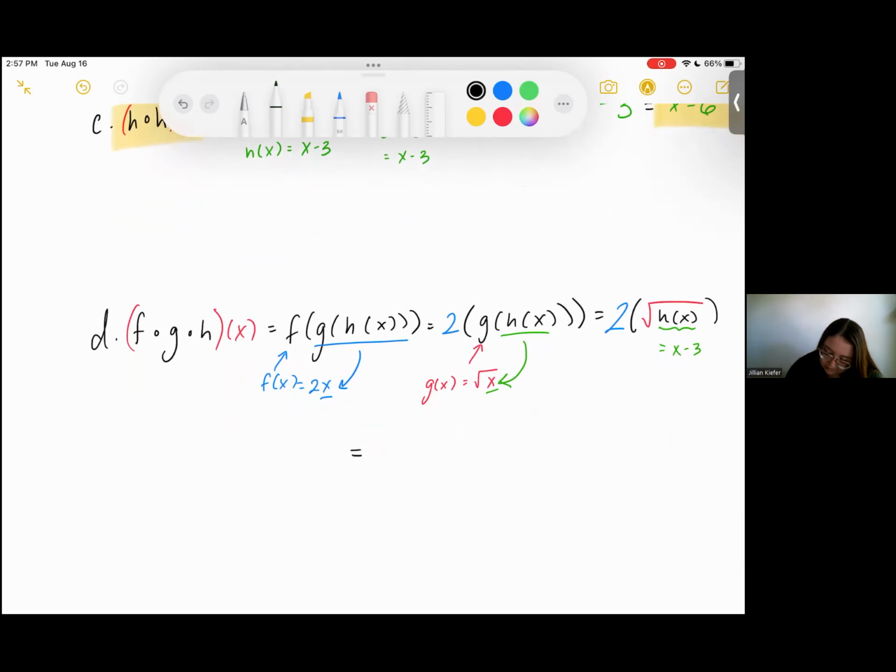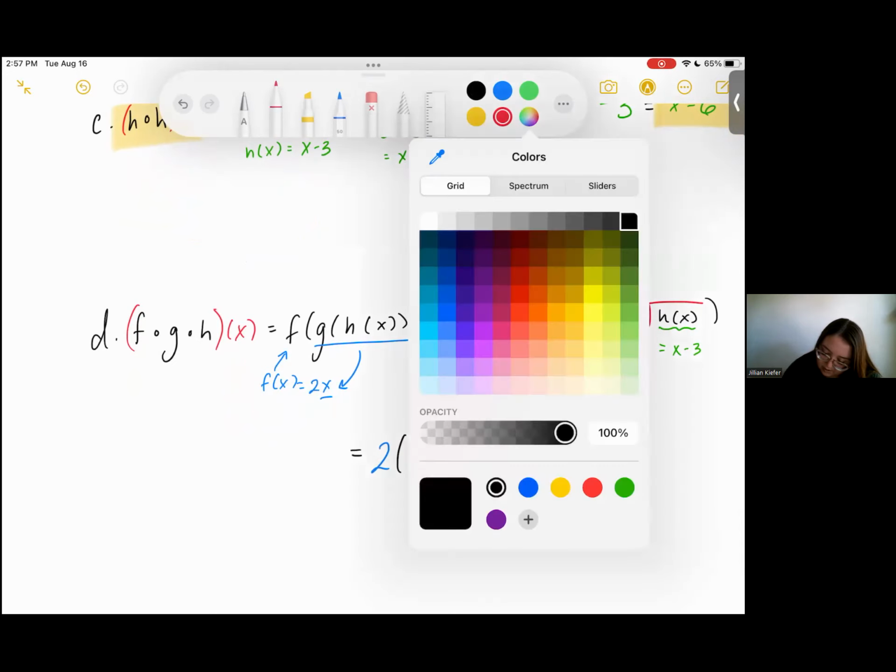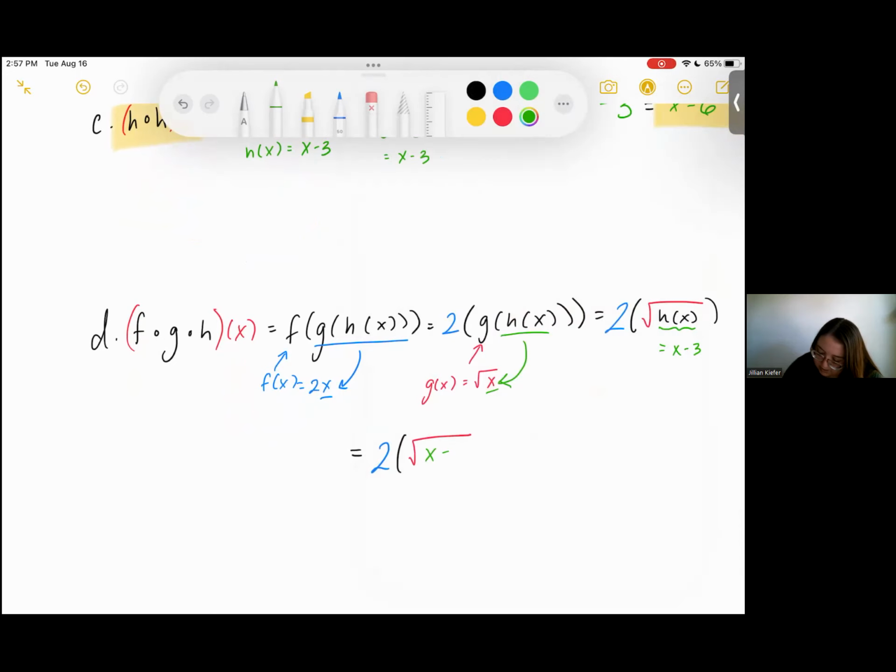We're going to go down here. So we have 2 times the square root of x minus 3.